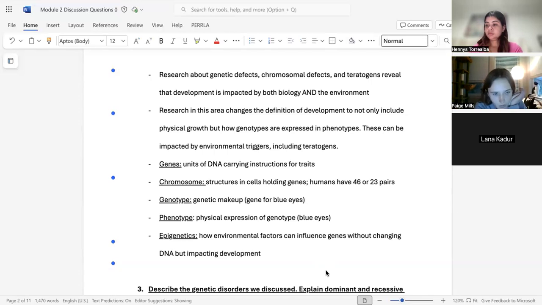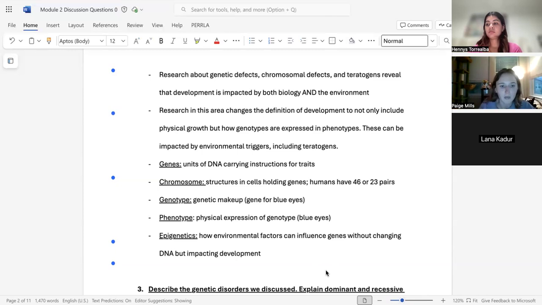Some of the terms she included are pretty basic terms. You've probably seen them before. First are genes, or units of DNA carrying instructions for traits. Chromosomes are structures in cells holding genes. Humans have 46, or 23 pairs of them, so they come in twos.